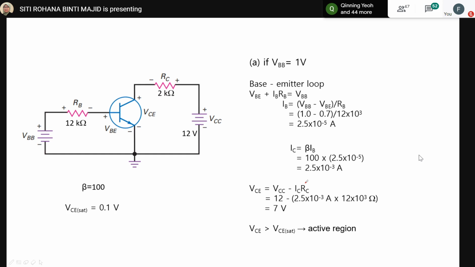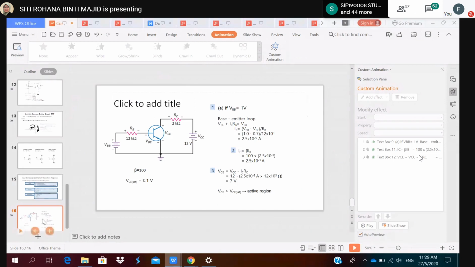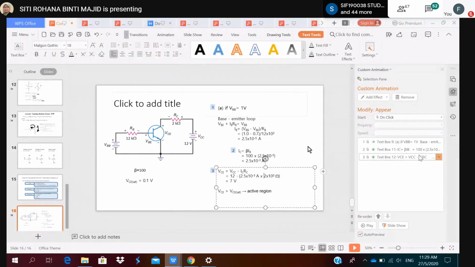And RC is given as 2 times 10 to the power of 3. Oh, this one is not 12, this one is 2.